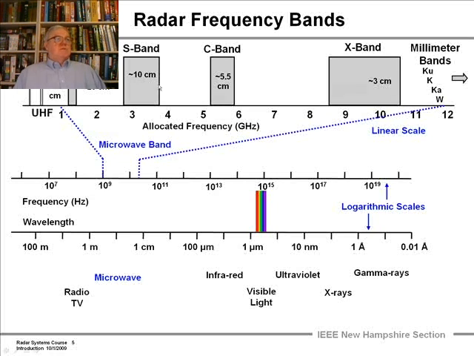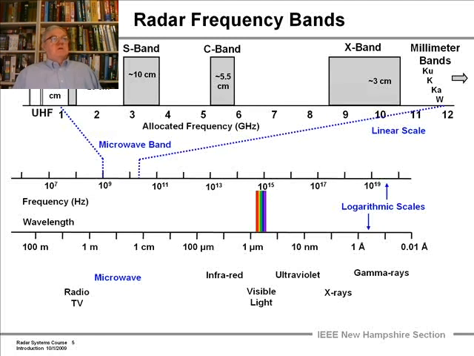And these are approximate. So you can see that when you look at them on a linear scale, they go from a couple of centimeters to a couple of meters, and then we've got the millimeter wave bands way up, and then the high frequency bands from say 3 meters up to 30 meters that handle over-the-horizon radar frequencies.